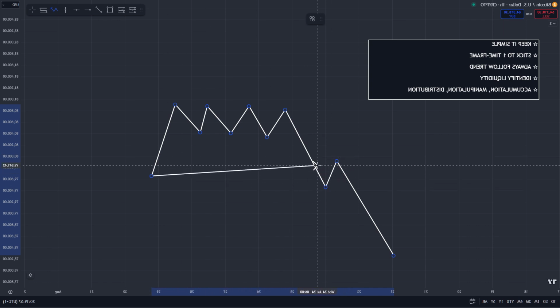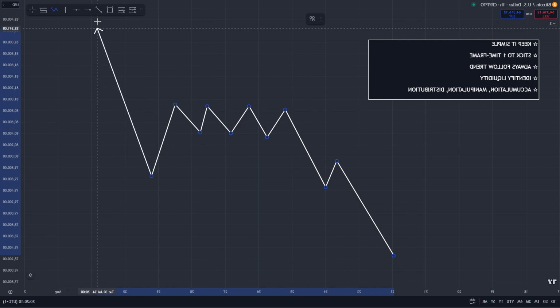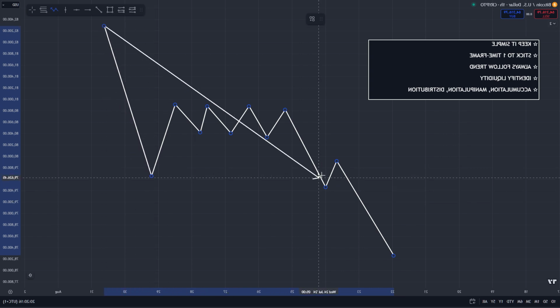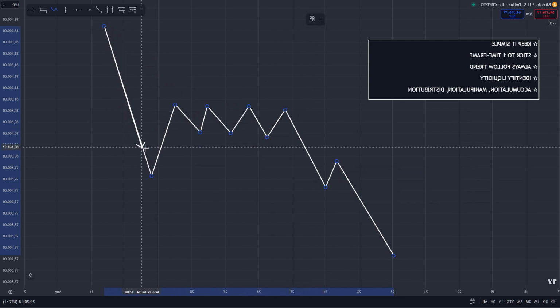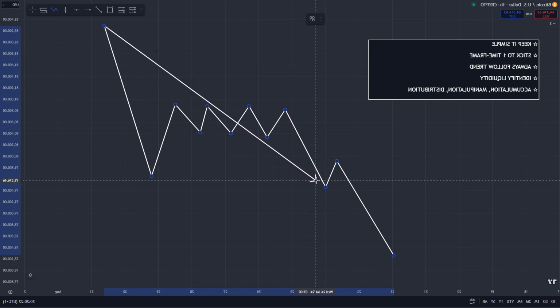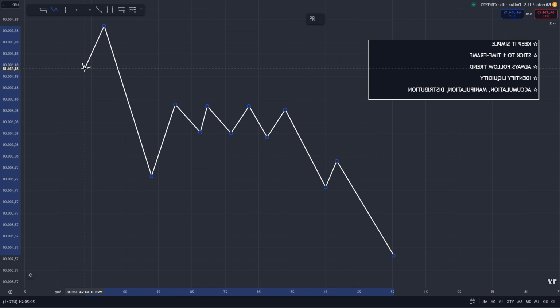Me personally, I won't use FVGs too much as an indicator for place of entry, but they can be used in this strategy, as you can see in the examples in a couple minutes. Then after that, what we got is the distribution phase, where price instantly reverses off that liquidity, off that order block, off that FVG.